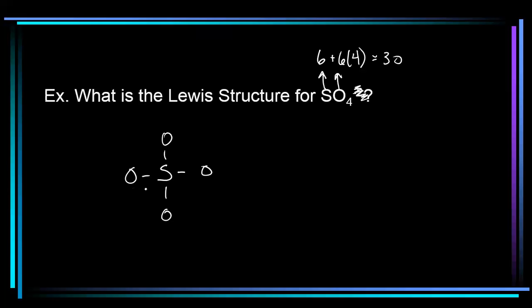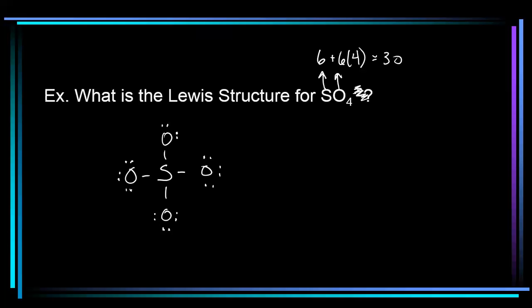Remember, a dash represents 2 electrons. 2, 4, 6, 8, 10, 12, 14, 16, 18, 20, 22, 24, 26, 28, 30.